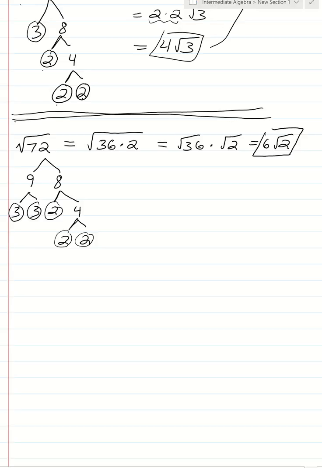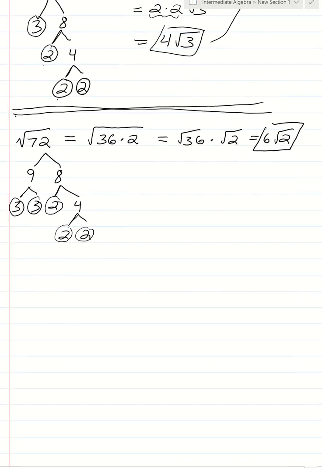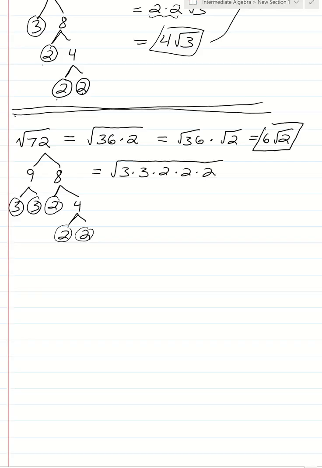So now I'm going to take the square root of 72 and I'm going to write it as the product of, let's say, 3 times 3 times 2 times 2 times 2. If I was to multiply all these prime numbers back together, it would bring me back to 72.